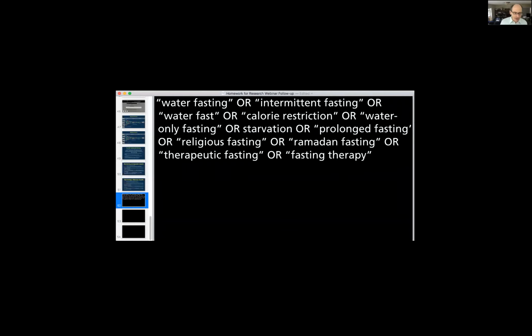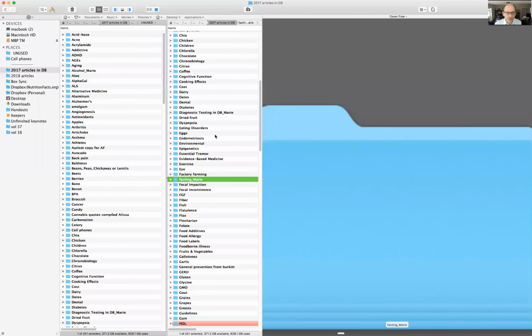And so just to give folks a little peek at what I was able to come up with, I can actually show you my fasting folder. Let's see if I have that here. Yeah, here we go. So this is my 2017 articles folder. Let's see how many articles I have altogether, actually.